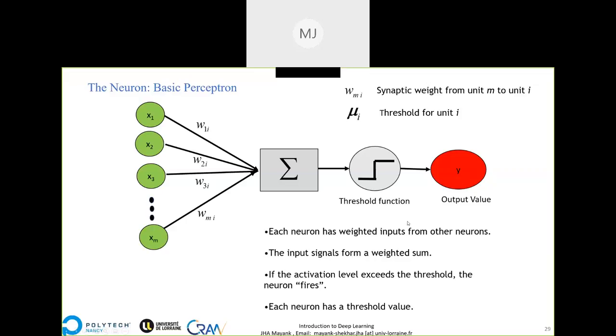So that's your basic perceptron. This is a very simplistic representation of the functioning of neural networks. Each of the weights signifies the synaptic behavior in the neural cells, and the threshold function, in a very simplistic manner, represents the firing mechanism in our neural cells.